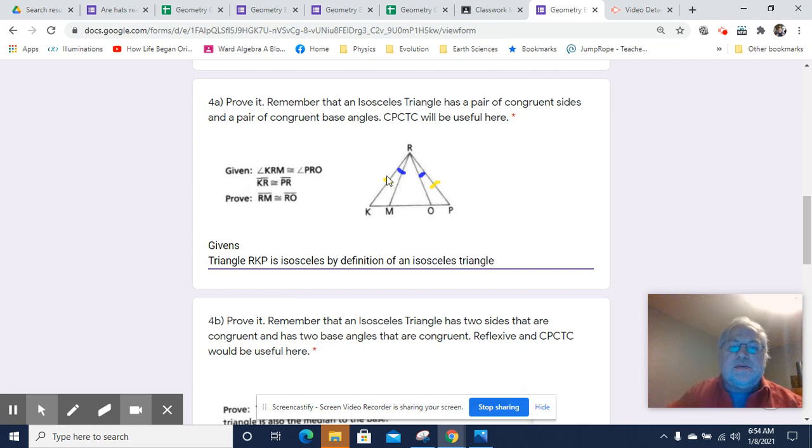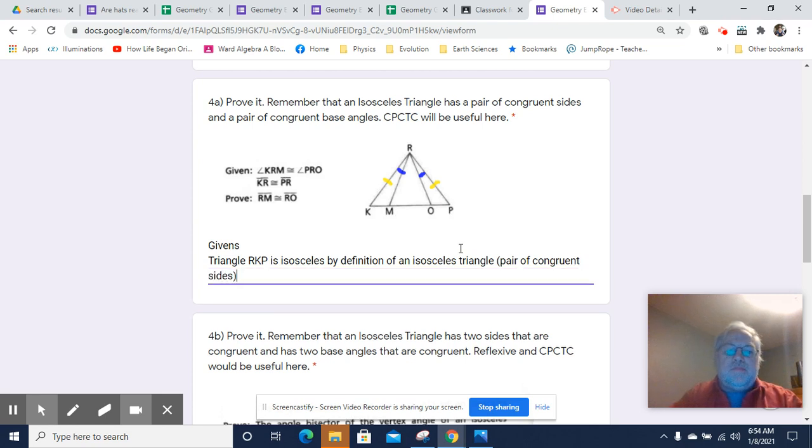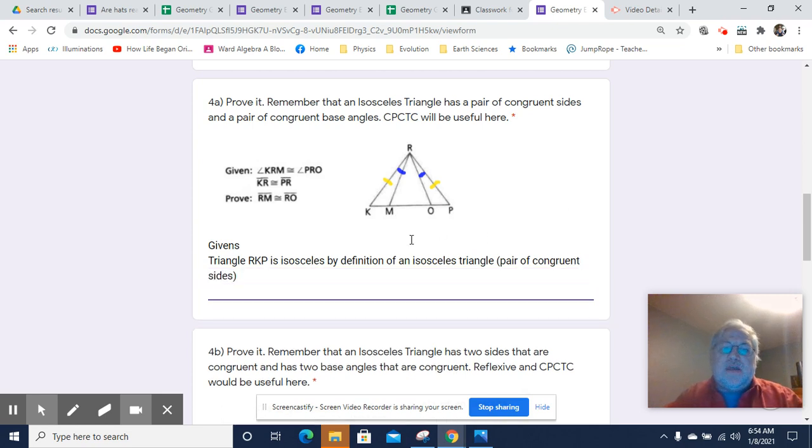Okay, and that's because it has a pair of congruent sides. Once we've established that, we can then invoke Theorem 19, which says that the base angles of an isosceles triangle are congruent.